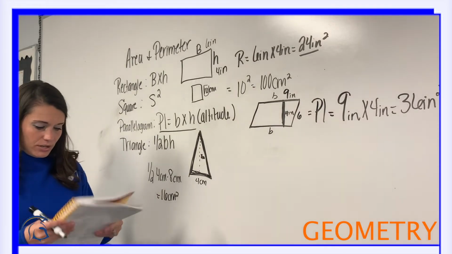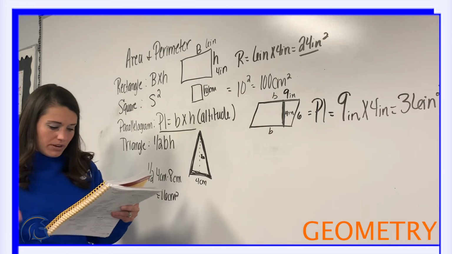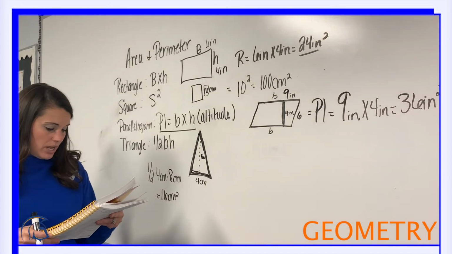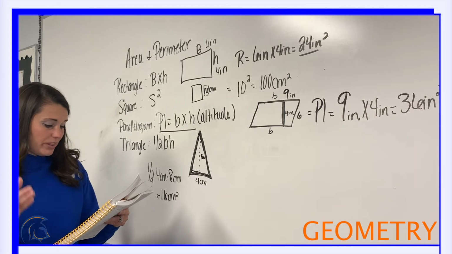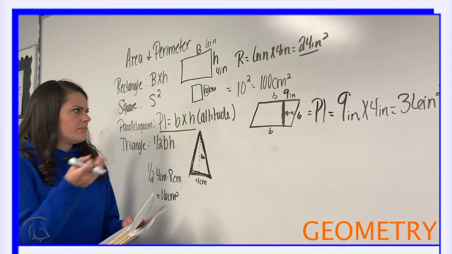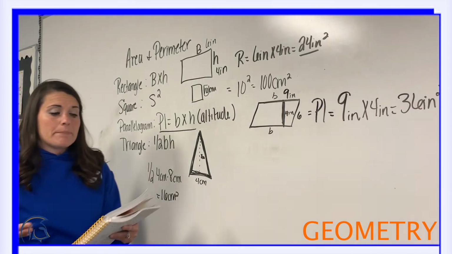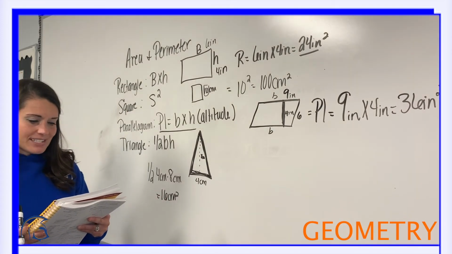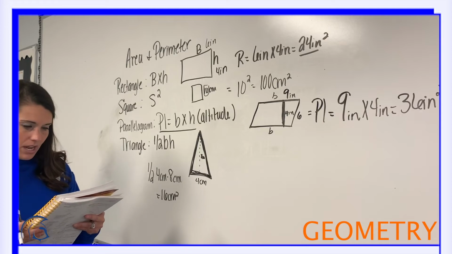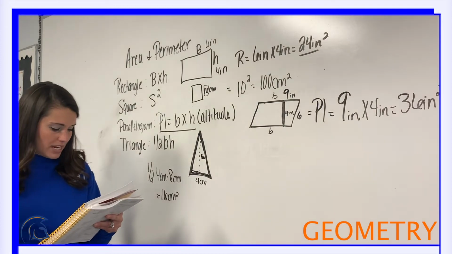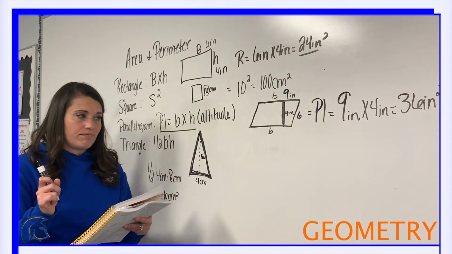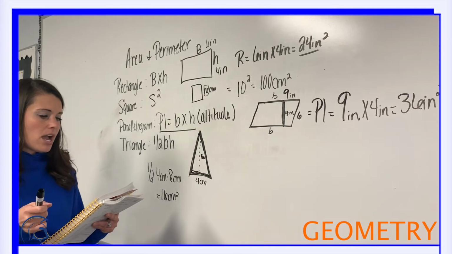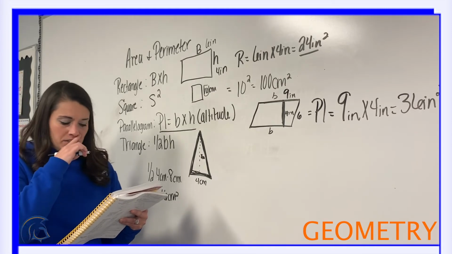I wanted to give you an example of one of the problems I assigned you where we weren't really solving for the area, but your book kind of reversed it a little bit on you and was asking you for the altitude. So on page 240 in exercise 5.4, your book gives you an example.